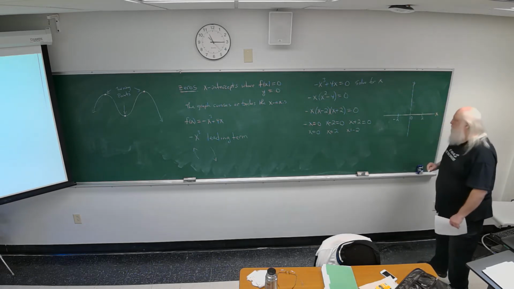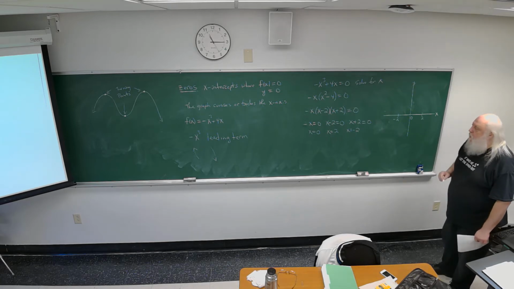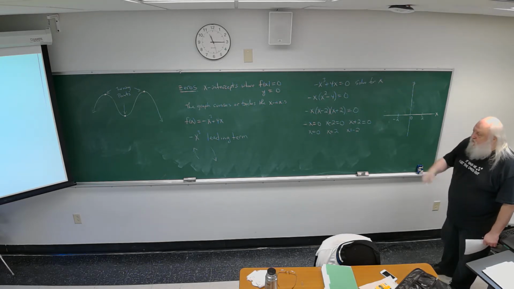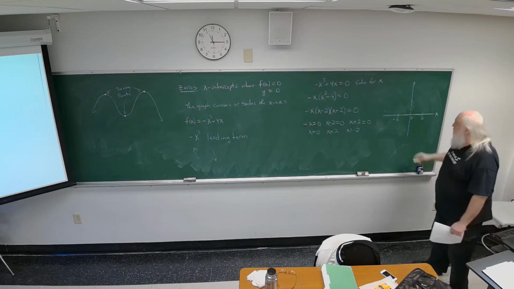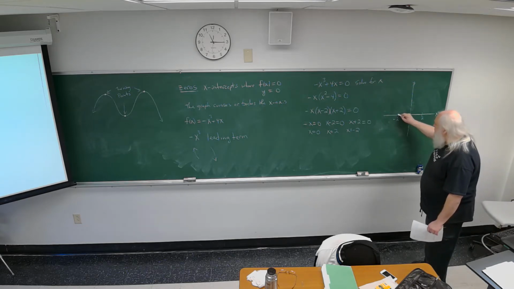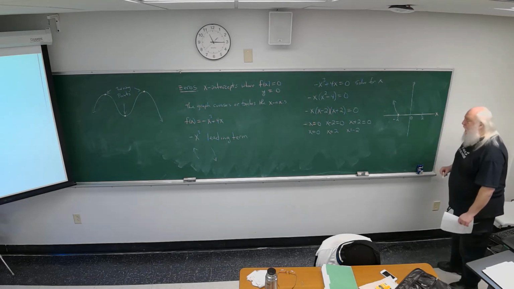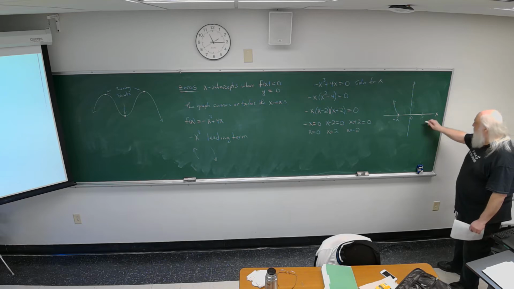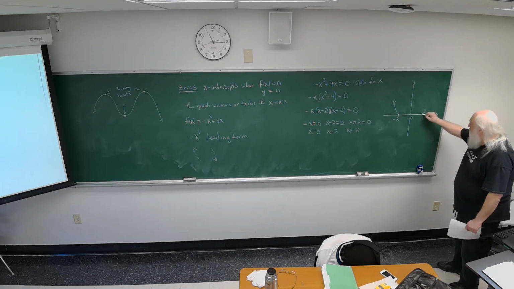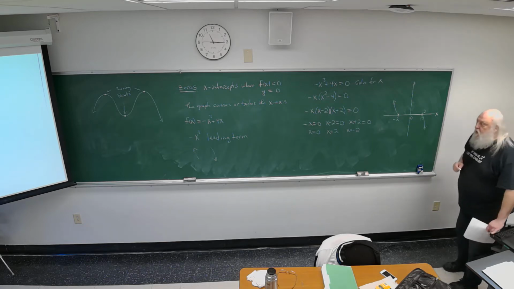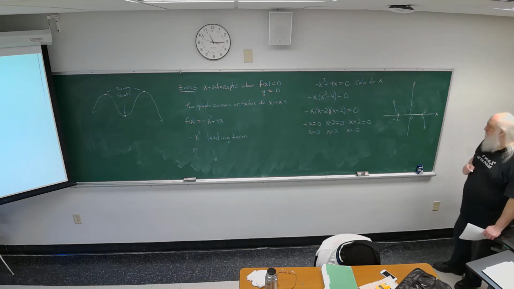Now, we already know that the graph is going to go up on the left hand. So from the far left hand x-intercept, the graph has to go up. And from the x-intercept at x equals 2, the graph has to go down. We got that from the leading term.